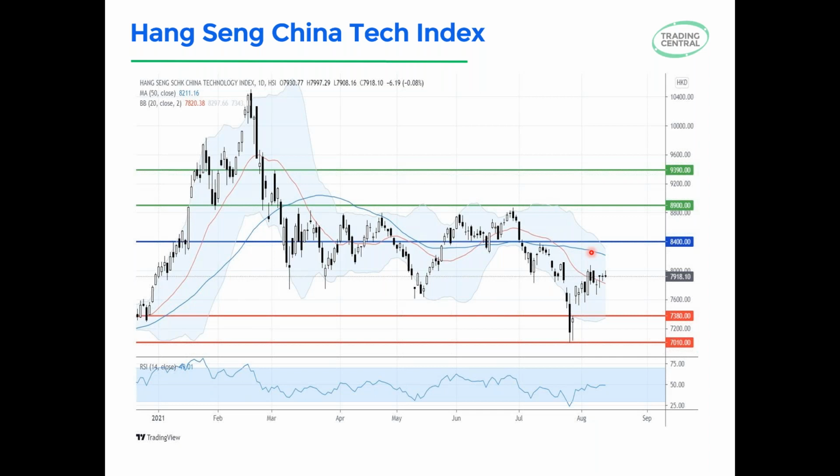Again, we are seeing a very strong resistance at this level, 8,900. We watch closely to see if it will break out to the upside or to the downside. And unfortunately, it is to the downside. From recent high to recent low, 21%.